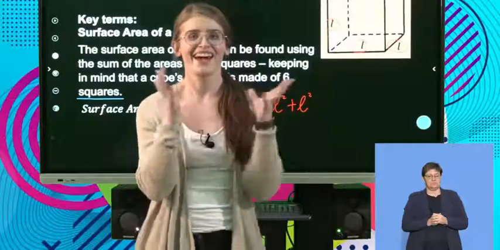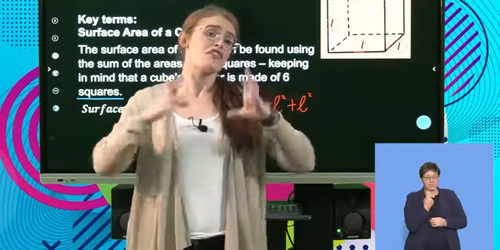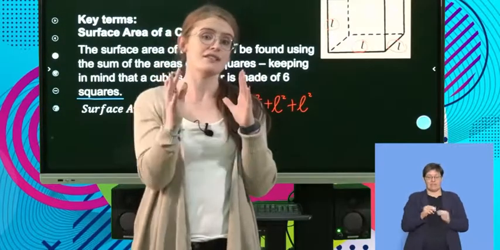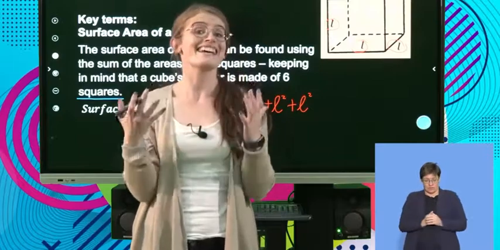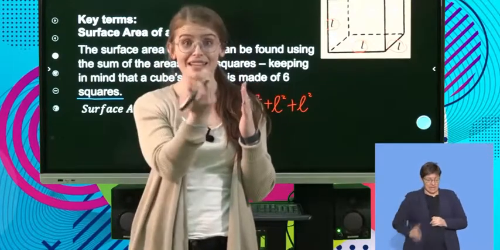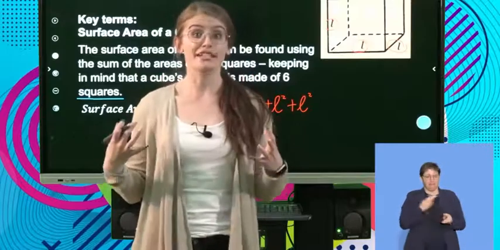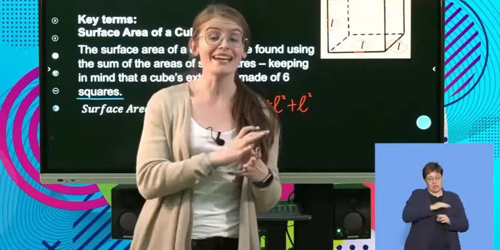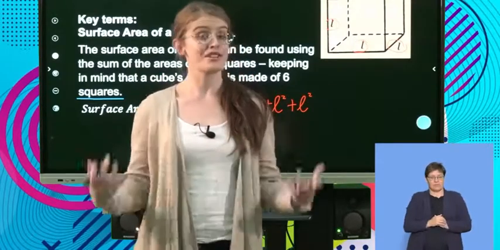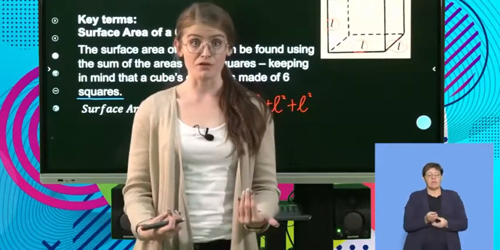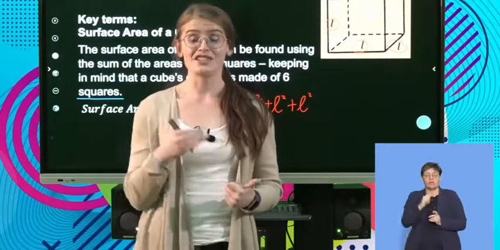So guys, I hope that you're with me so far. I've got a cube that's made of 6 squares. I take the area of each of the sides of the cube, and I have to add them all together because that will be the surface area of the entire cube. Because it is a cube, it's made up of squares, so the lengths are common throughout.